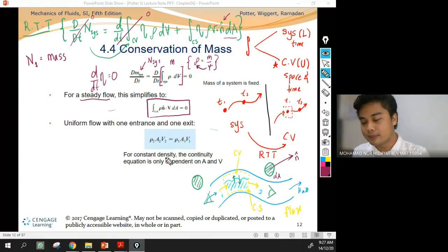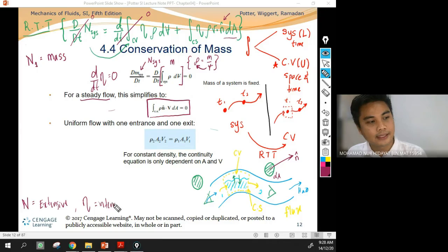Before we proceed further, right, let's recap here. Capital N we call the extensive property, and this small n, the eta symbol, is the intensive property. There is a relationship between these two. In order to get this intensive property, the formula is like this.